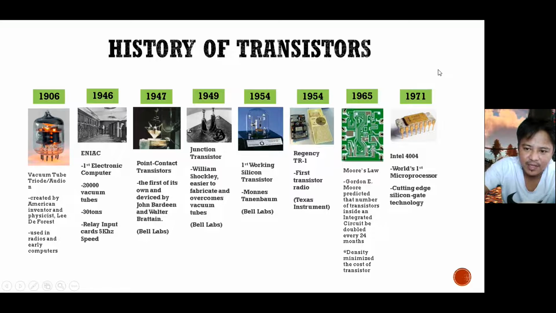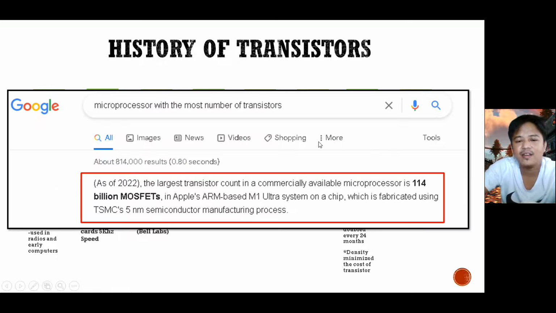So what is new with the transistor? Just like what I said earlier, the microprocessor with the most transistors inside is named Apple's ARM-based M1 Ultra.